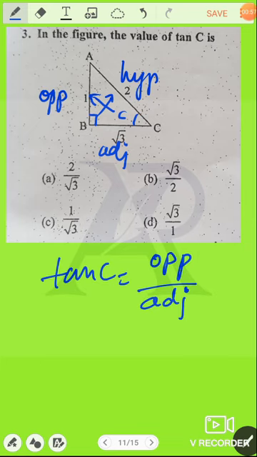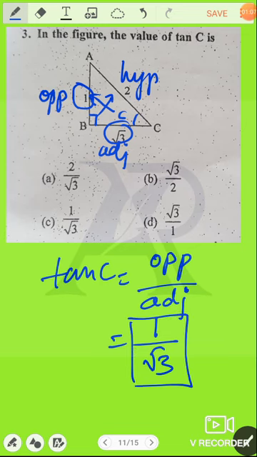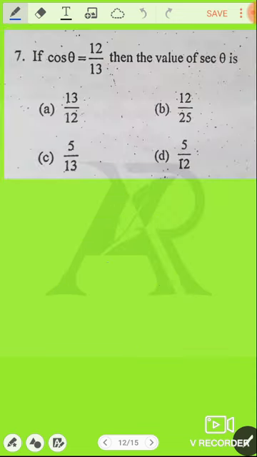The value of opposite is 1. Adjacent value is root 3. Therefore, I have got 1 by root 3. Let us see the options. See option C, 1 by root 3. It is the correct answer. Let us see the next question.